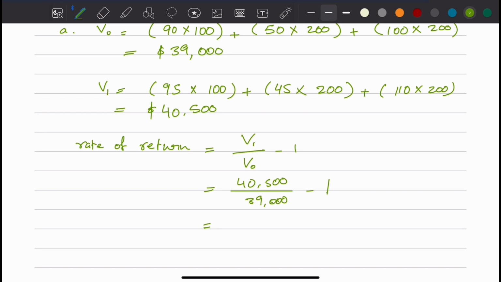Run the numbers on the calculator: 40,500 divided by 39,000 minus 1, and that would be 0.03846, which is equal to 3.85% approximately, rounded. So that is the rate of return in the first period on a market value weighted index. So that's requirement A completed.